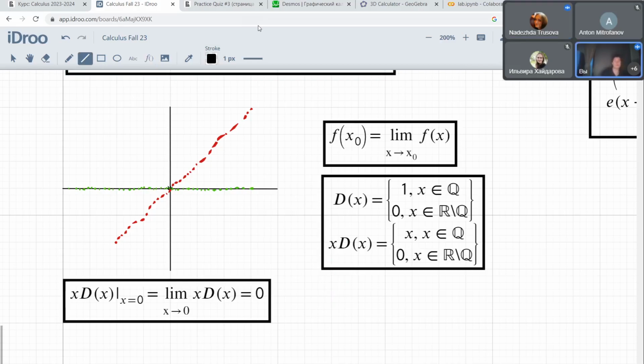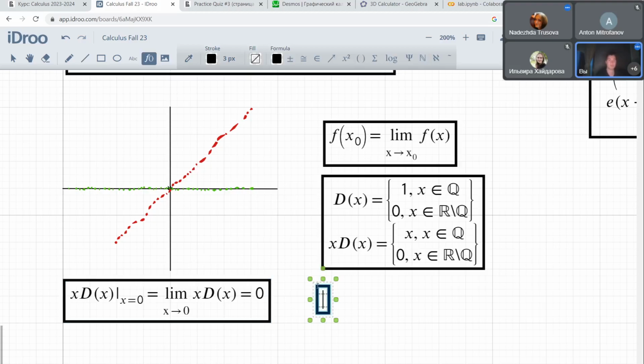No, we don't have a constant. Yes, it's not differentiable because in the close neighborhood, using rational points we can say that the derivative is 1, because our function works like y equals x, and using irrational points we can say that our derivative is 0. So we have no differentiability at this point.